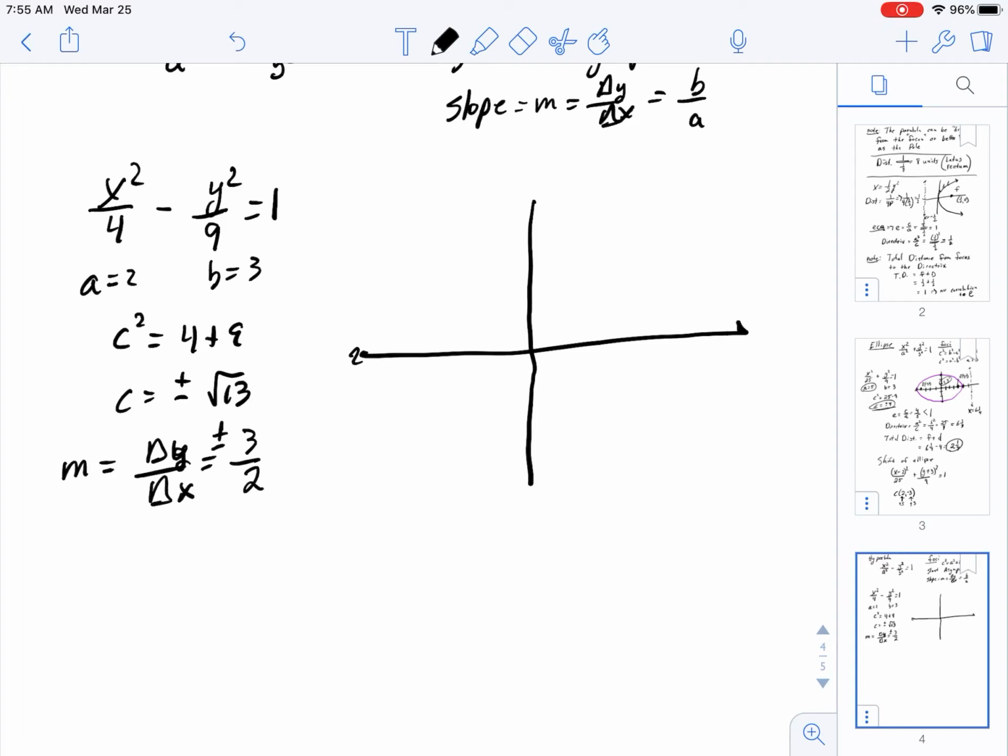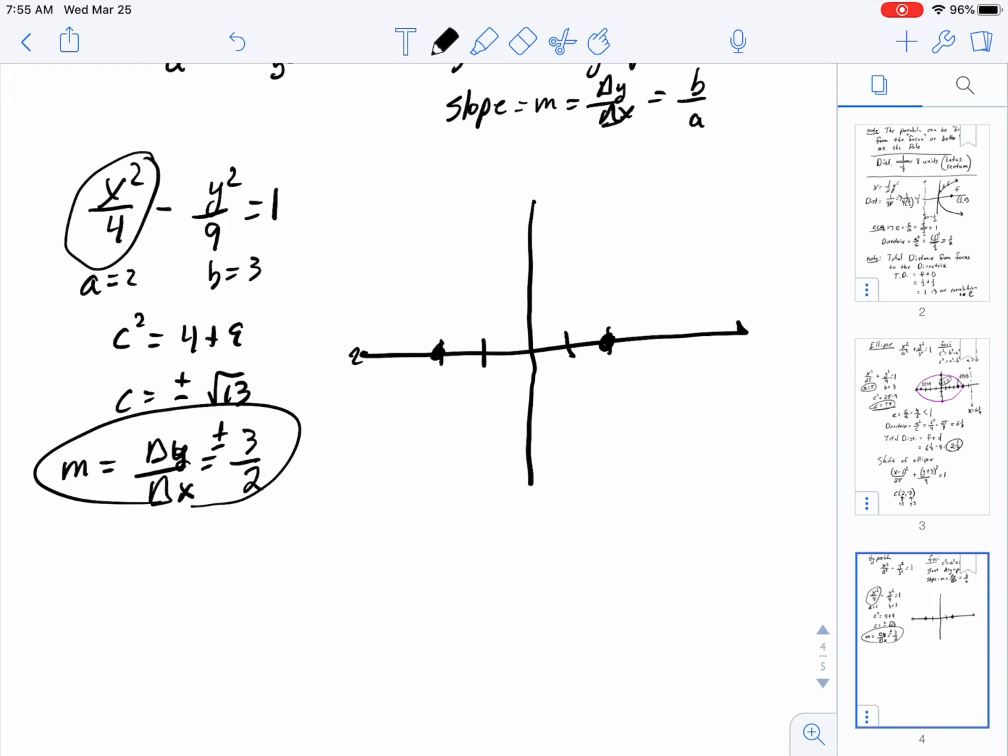Okay, so first off, since x is the positive one, it's going to wrap around the x. So I'm going to go out 2 units and left 2 units. I'm going to use my slant asymptotes, which is my slope.